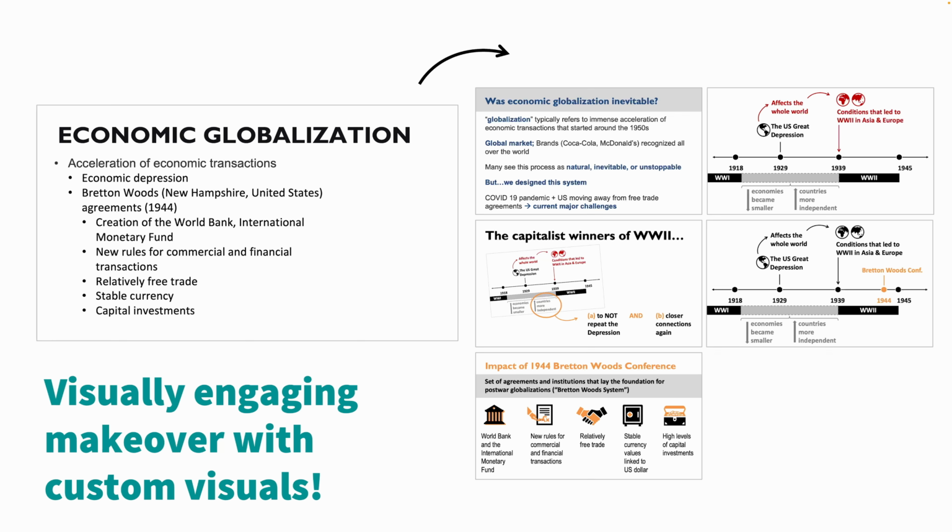But even if it's just within that lecture, if, for example, there was a need to talk more about that conference or some of the agreements or institutions from that conference, this slide itself could be used as a visual to refer back and sort of say something like, hey, remember when we talked about this conference? Let's now talk a little bit more about this part or the impact or whatever. So by doing this now, it helps us have those assets that we can use later on in the same lecture or even a different lecture or presentation.